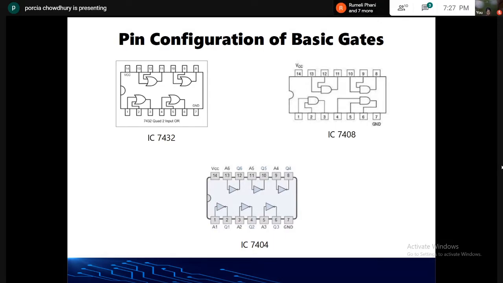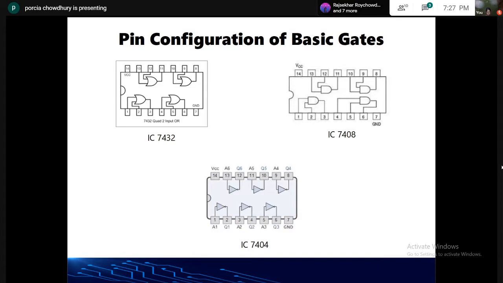Among those 16 legs we will have the input, output, ground, VCC, and some other lines also. Every chip has an even number of legs always, because we have two parts, a lower part and an upper part. The number of pins on one side is multiplied by 2, so it obviously becomes an even number. It will be either 14, 16, or so on.